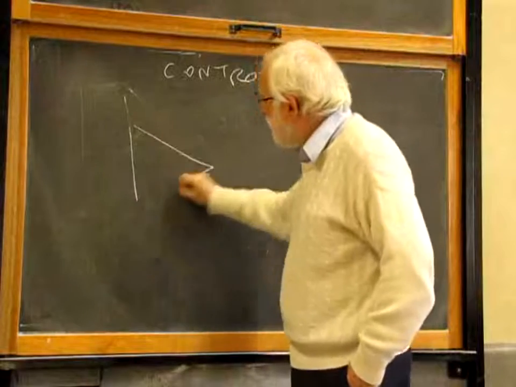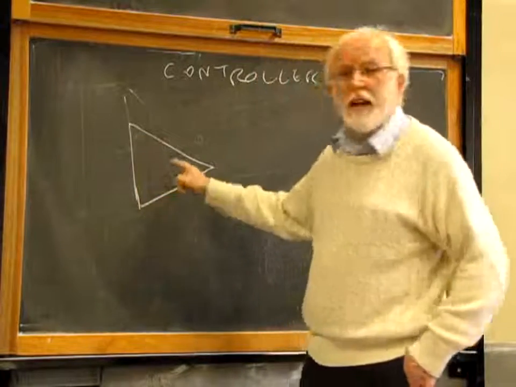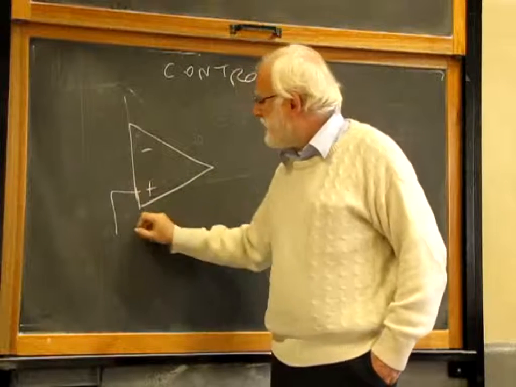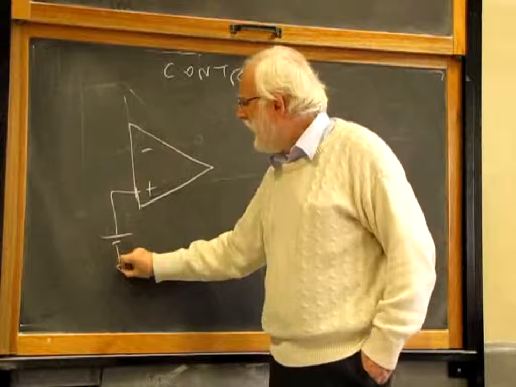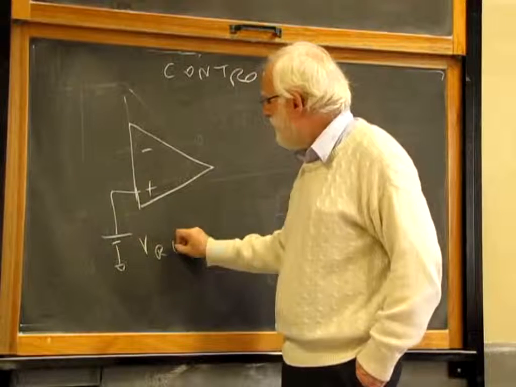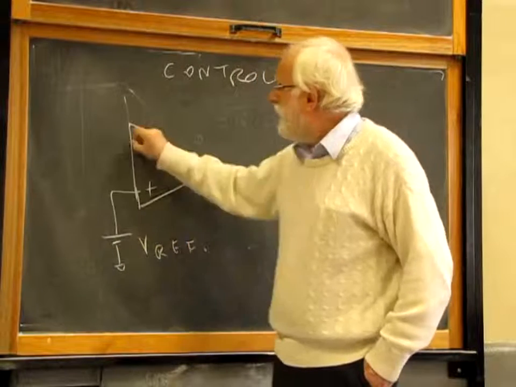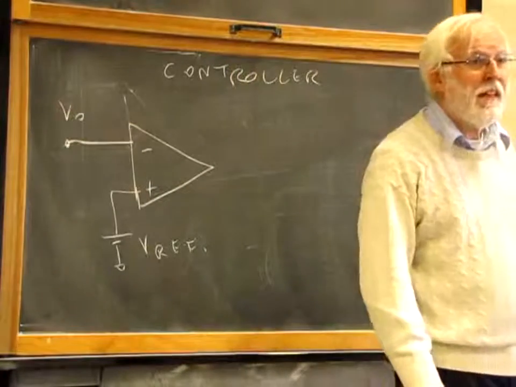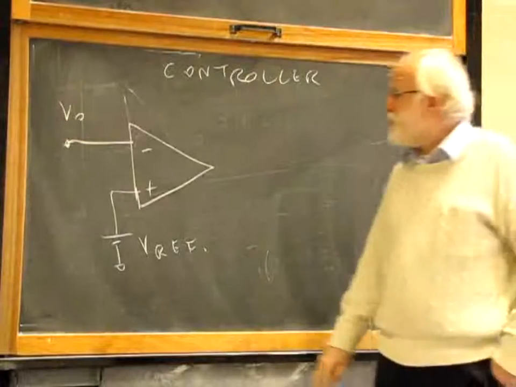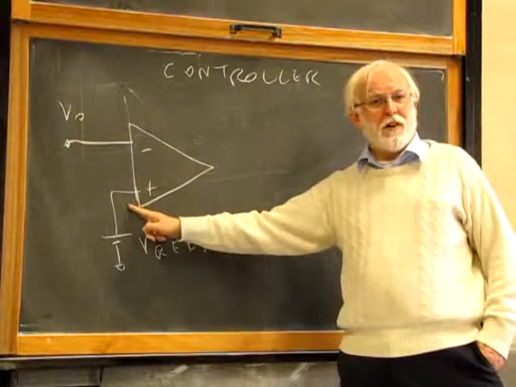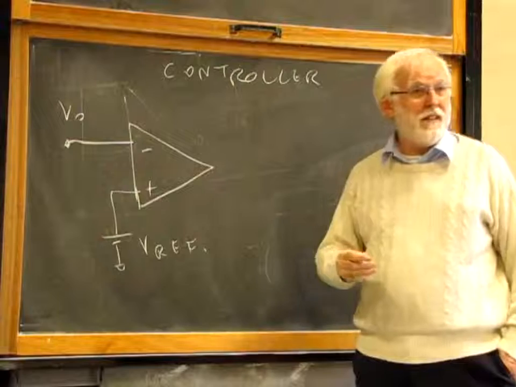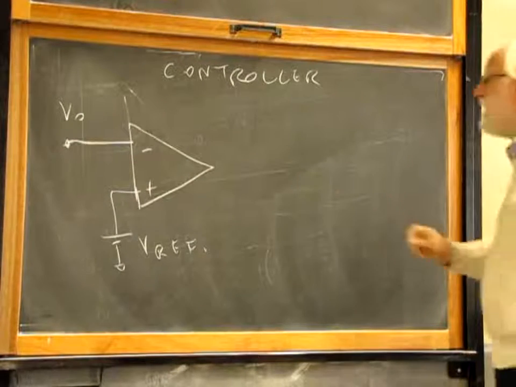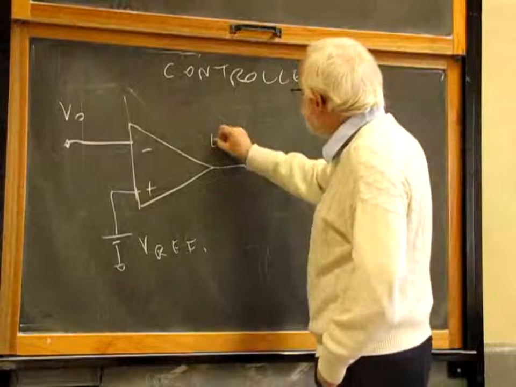You have an amplifier that compares a reference voltage with the output voltage. It checks if the output voltage is equal to the reference voltage. If it is not equal, it means that something is going wrong, I have to take action. So here I have an error signal.